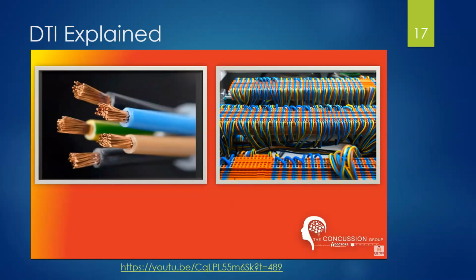In the last slide, I showed you how the axon basically allows the water molecules to move in a certain direction. But for a moment, think of a copper wire with insulation around it, and the multiple wires that are in a fuse box or any electrical connection. The copper wire moves electricity. Well, the axon moves water molecules in one direction, and the myelin sheath makes it go in that direction, divorced from all of the others around it.